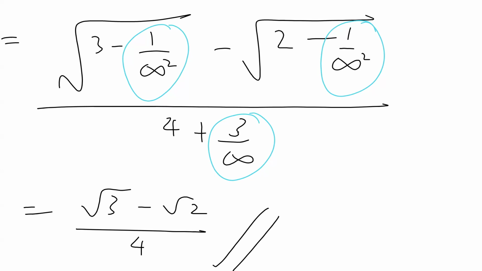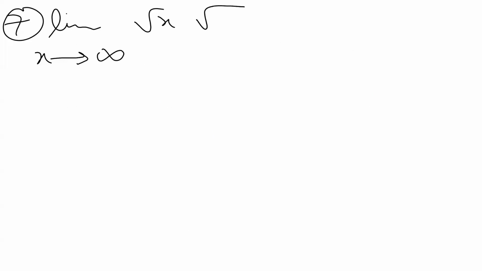Question number 7. Last 4 questions. Limit x approaching infinity, root x plus c minus root x. Now see, guys, there is no denominator over here. Infinity problems should have one denominator.